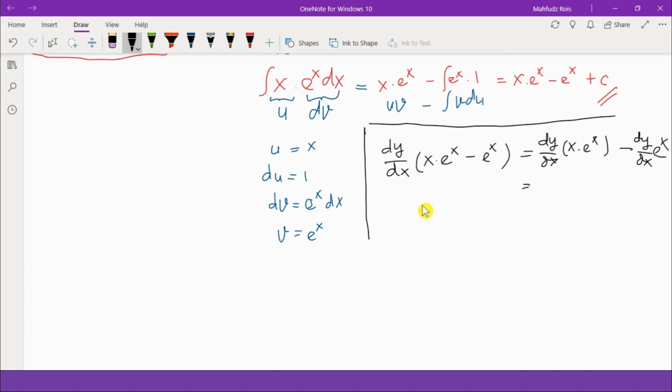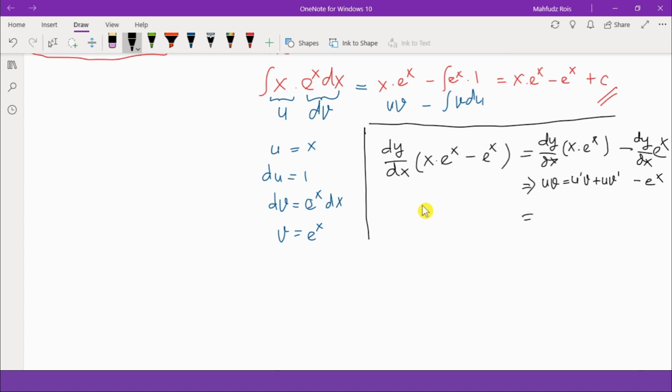For the first one, we perform the product formula: (uv)' equals u'v plus uv'. For the derivative of e to the x, of course, it is e to the x. This is easy, but the problem is the first.